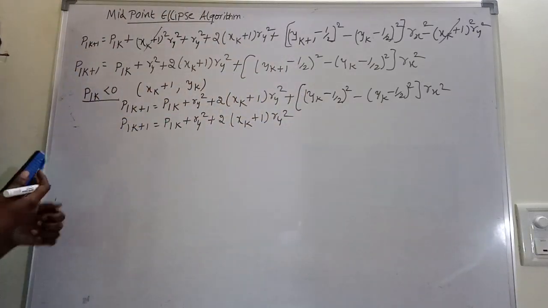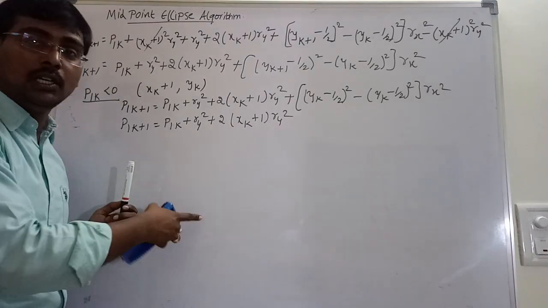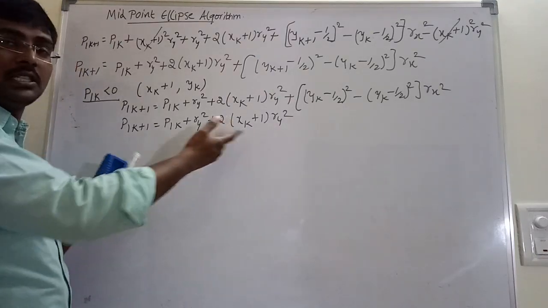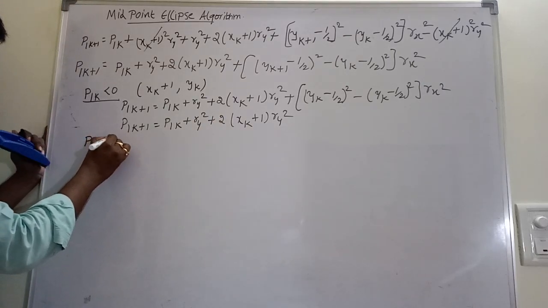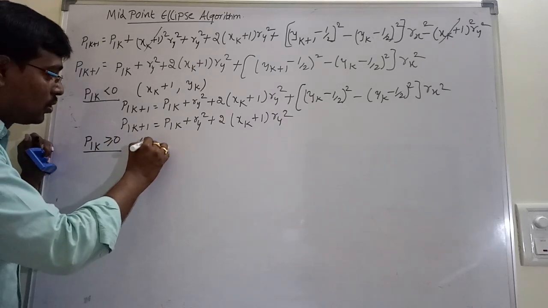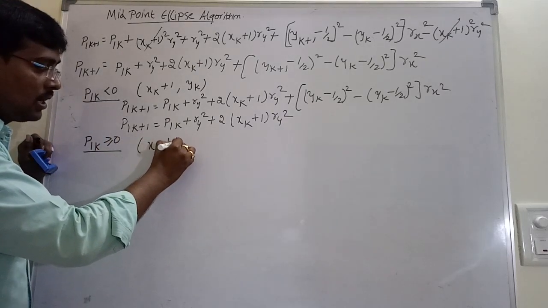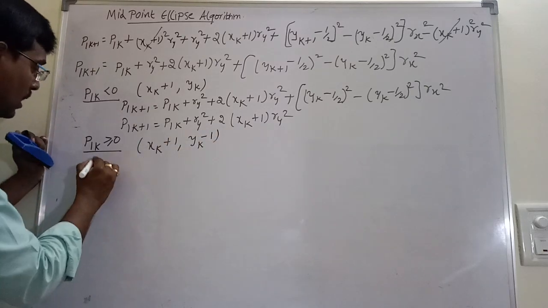This is p1k, its value is less than 0. If this is replaced with simply 2xk+1, that means simply the next x coordinate. And the next case is p1k greater than or equal to 0. The x coordinate is fixed, the next y coordinate is yk minus 1.